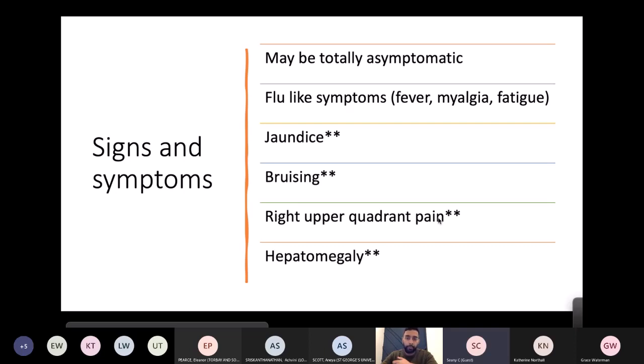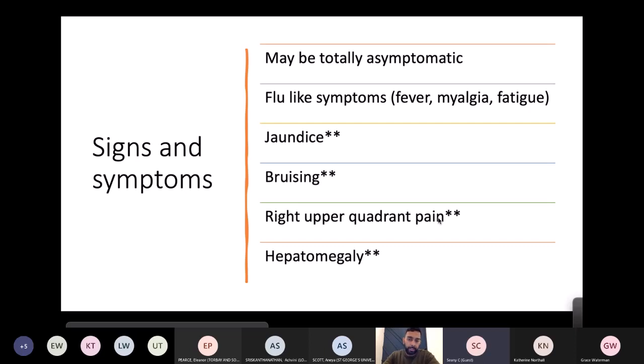Or they can have flu-like symptoms, so fever, muscle pain and fatigue. We call this the prodromal phase. Somebody may present with a bit of jaundice, yellowing of the skin, and when you take the history, they may say that a week or two prior they felt like they had a fever and tiredness.